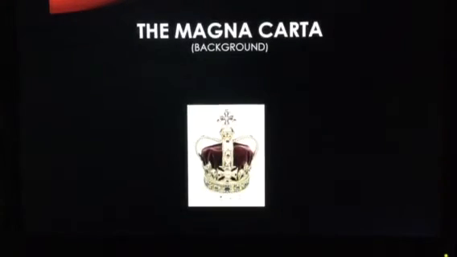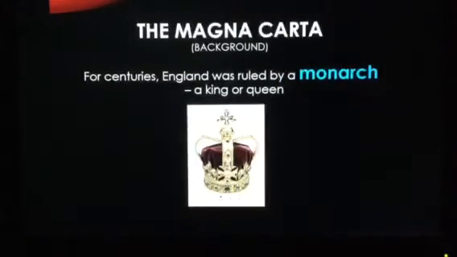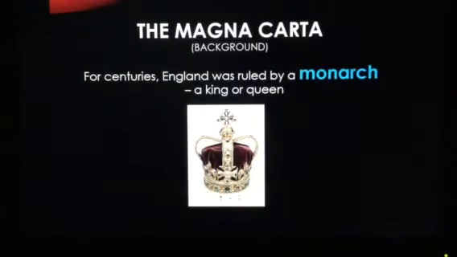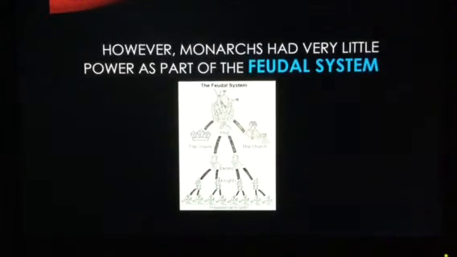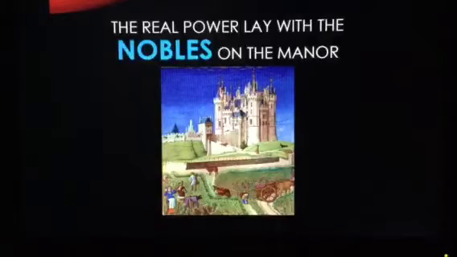The Magna Carta. For centuries, England was ruled by a monarch, which is a king or a queen. However, monarchs had very little power as part of the feudal system. The real power on the manor lay with the nobles.